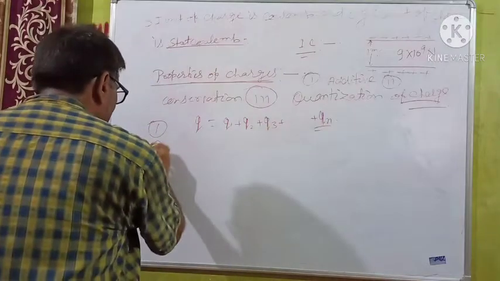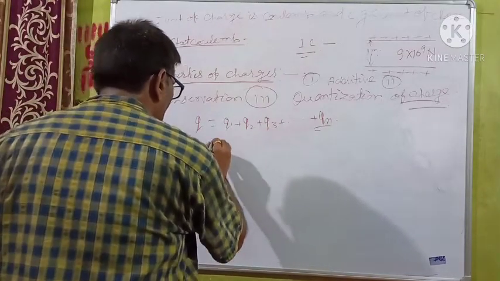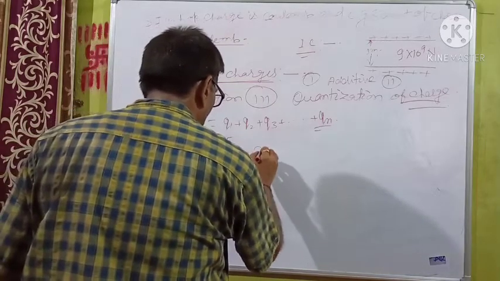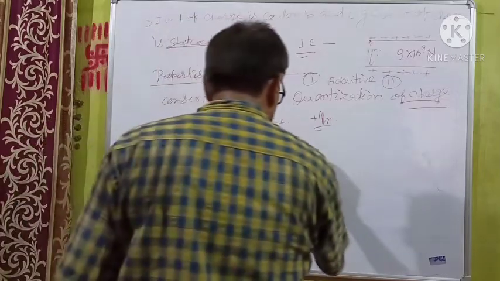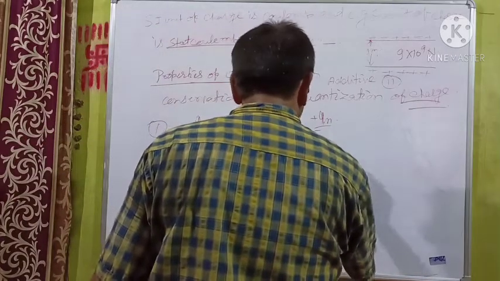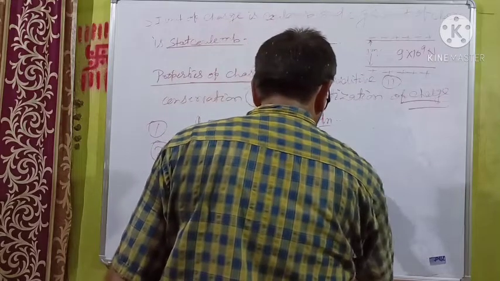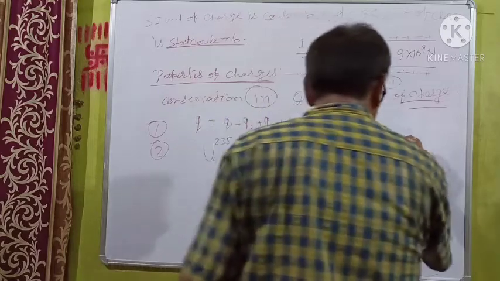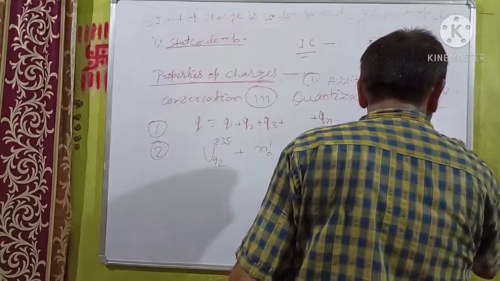For the second case, you have taken uranium 92, 235 plus neutron 0, 1, which then breaks and forms barium plus krypton plus 3 neutrons plus energy.